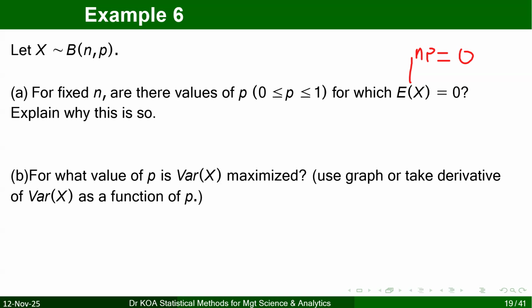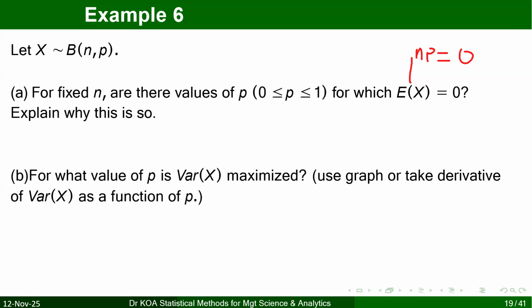When p is equal to 0, it means that each trial has a 0 probability of success, which implies that x is going to be 0 with a probability of 1. In other words, the random variable being 0 has a probability of 1 of happening.